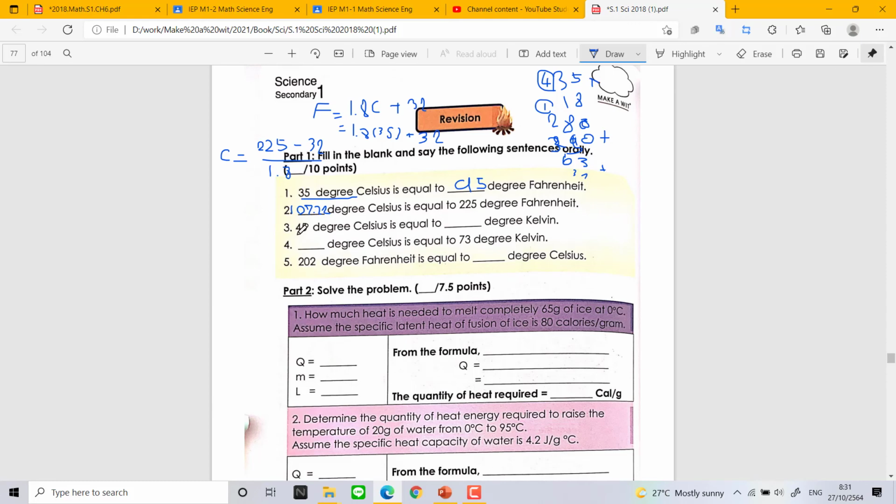Next one, 45 degrees Celsius is equal to how many Kelvin? Easy. How can we change it? Do you remember, a teacher says Kelvin, you say 273.